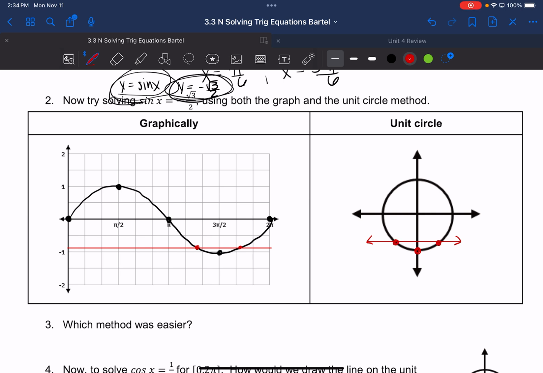Here and here. Okay, and the ratio we get is negative square root of 3 over 2, right? I want to know where is sine equal to negative square root of 3 over 2. I want to know where they intersect at, right?